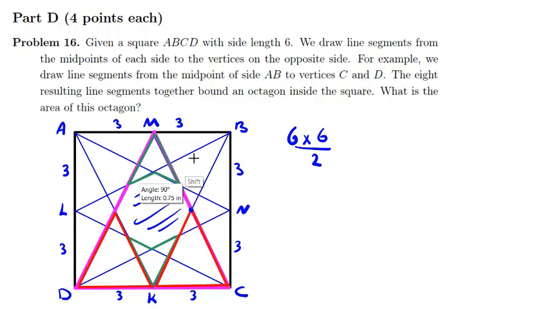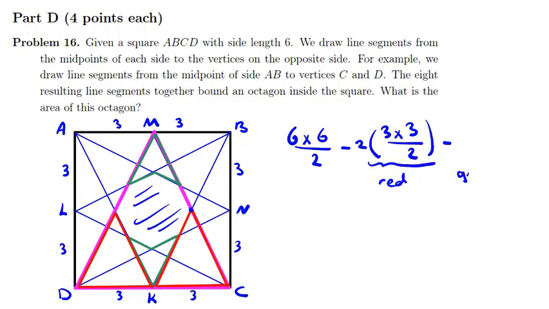If you draw this, these two triangles are congruent, and the height of this triangle will be 3, exactly equal to this. So it's 3 height times 3 over 2, but we have two triangles, minus 2 times 3 over 2, minus the red parts.